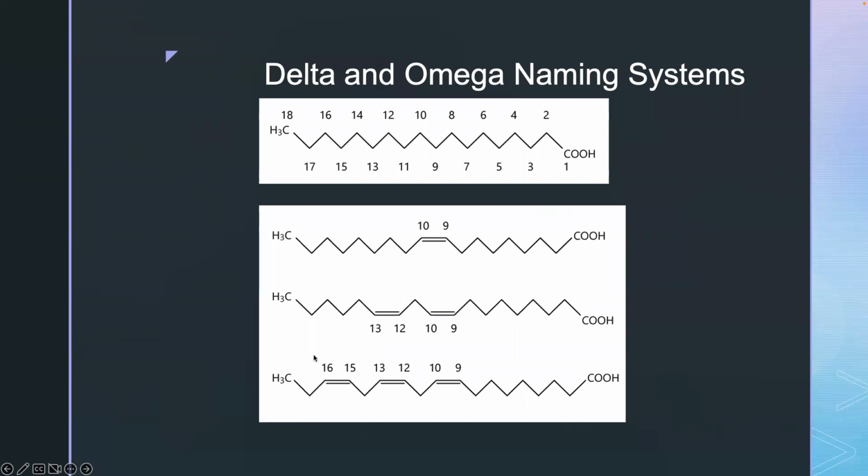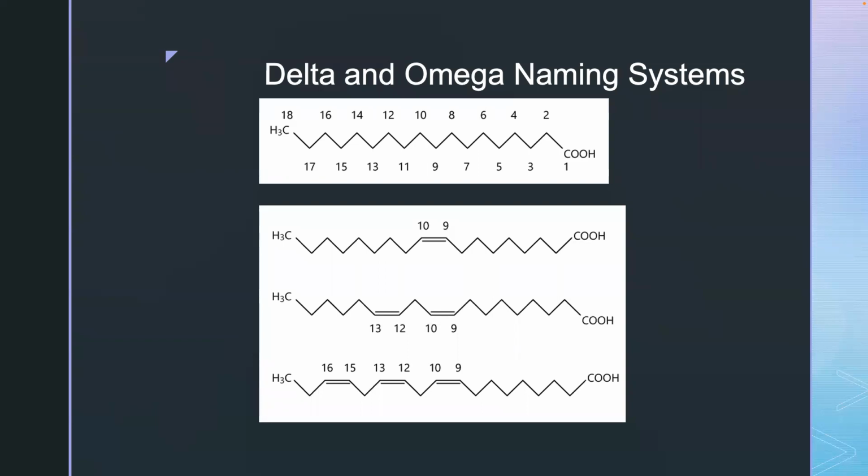And so for the omega system, this is going to be 18:3 omega 3. This is an omega 3 fatty acid, and its first double bond is at the 3rd carbon.